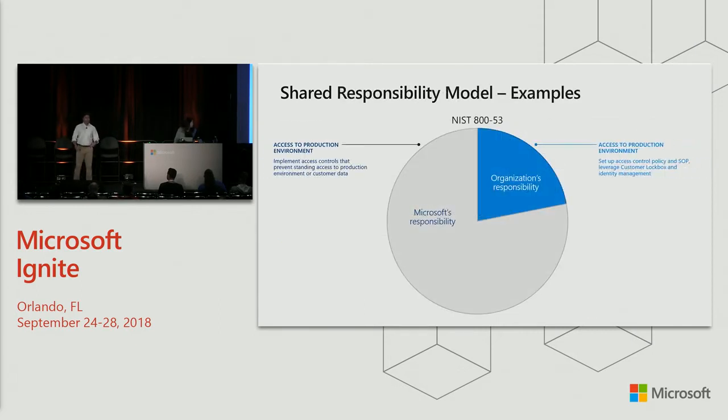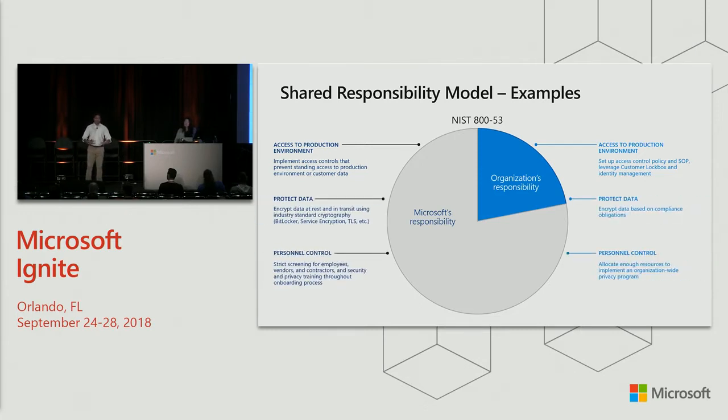Let's take a deeper dive and see what that split means. If you look at the various aspects to it, we summarize it into access to production environment, protecting your data, and personal control. Now, we talk about shared responsibility, which means there is some of this on your side and some of this on our side. And this is where we get into what we provide to you to help you end to end.